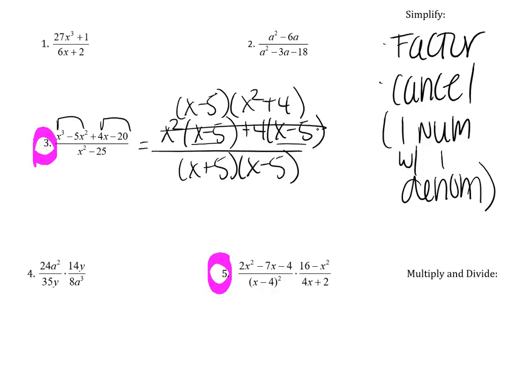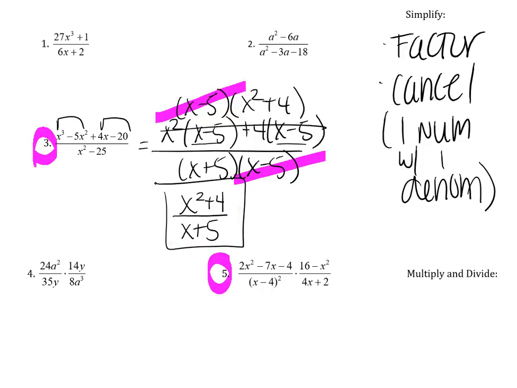So at this point, I know that my numerator is x minus 5, x squared plus 4. My denominator is x plus 5, x minus 5. You guys are seeing a common factor that I can cancel, one in the numerator, one in the denominator. So my result is x squared plus 4 over x plus 5, and that's your simplified answer.